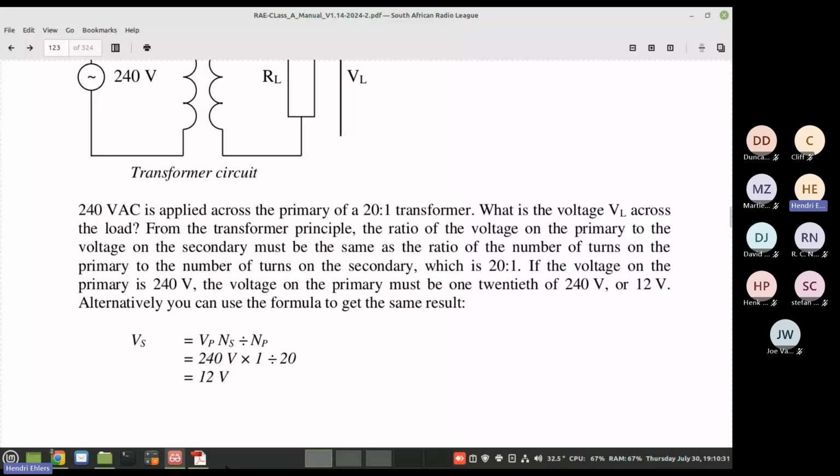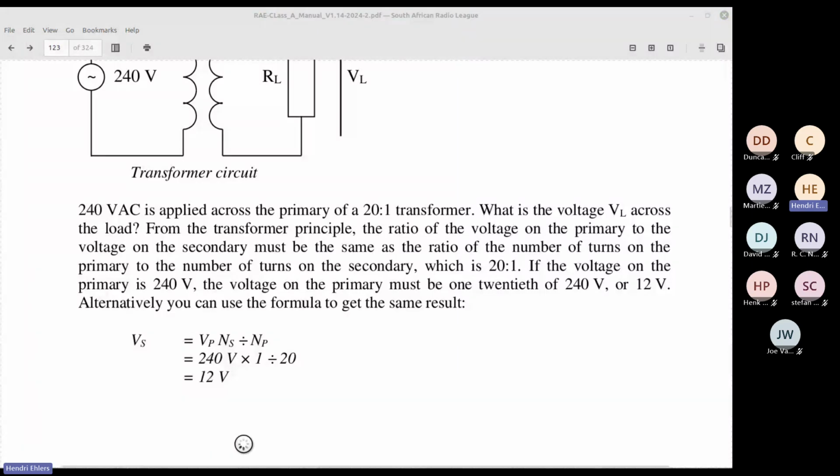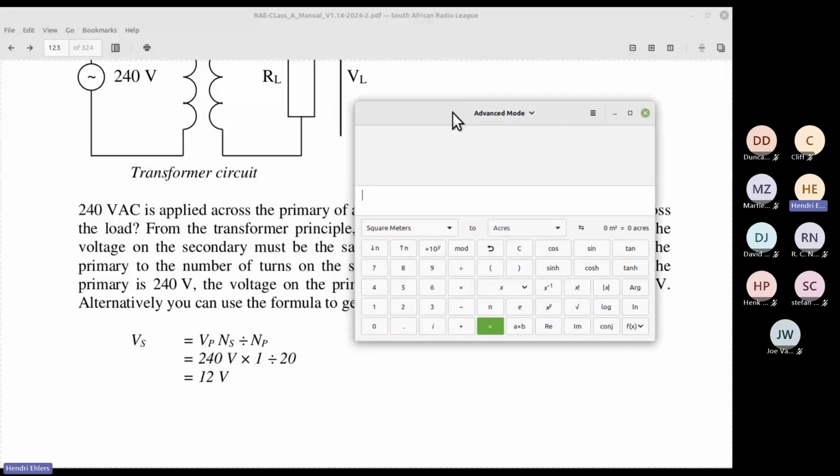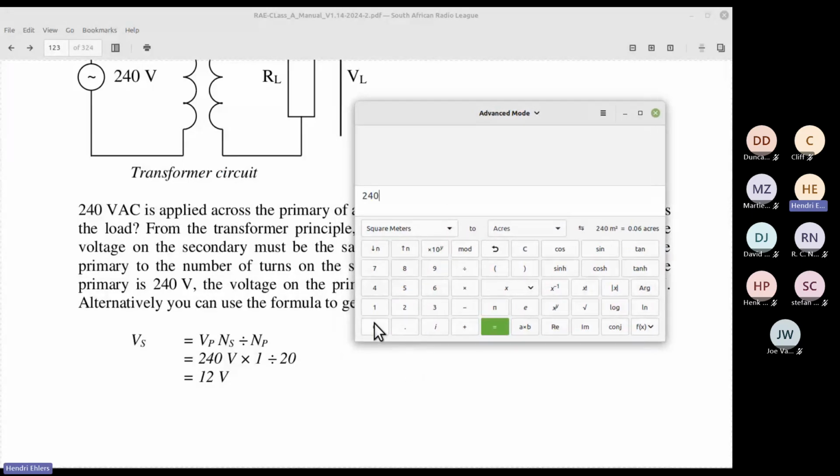So what we'll do is we'll call our calculator closer, and we'll just see if we can at least get the same answer that they have there. Now these maths are very simple, so I'm not going to do all of them.